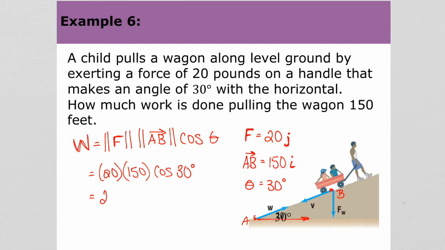Putting that in your calculator, you get 2,598, and our units are foot-pounds. Because we've multiplied feet times pounds, the units are foot-pounds. When you're doing these in your lab, you'll need to write your units as foot-pounds like this, and it'll tell you that in your lab.